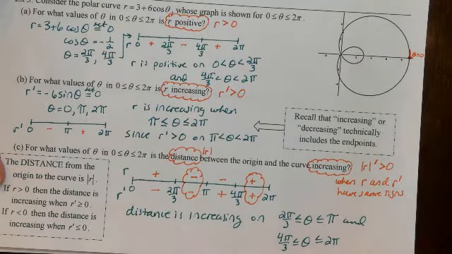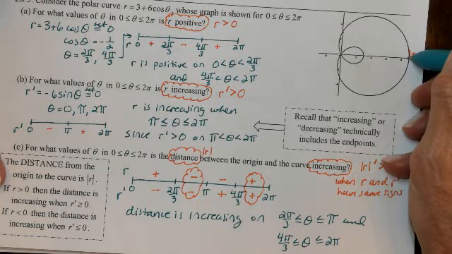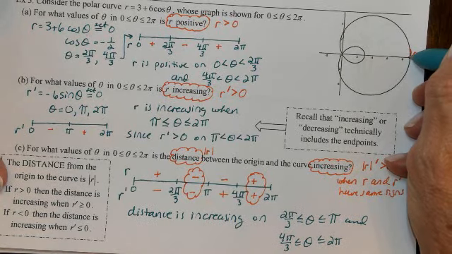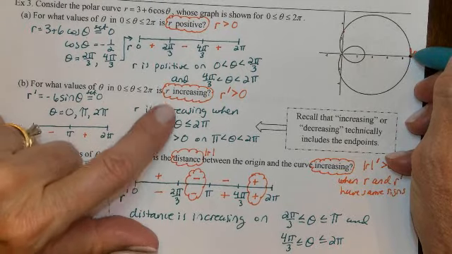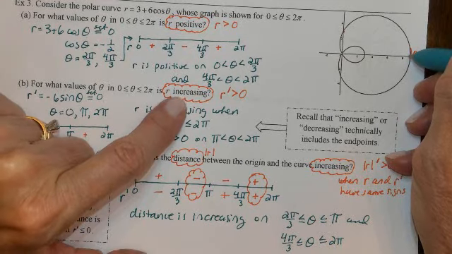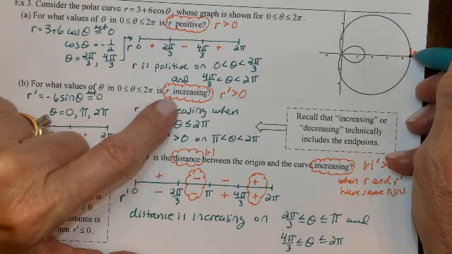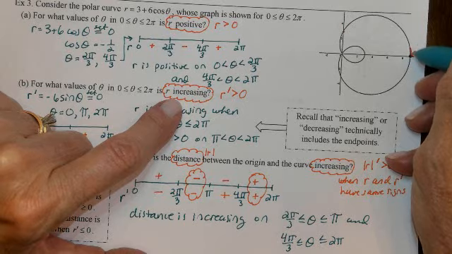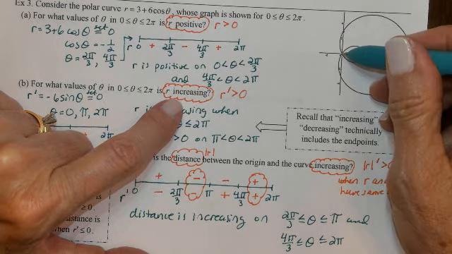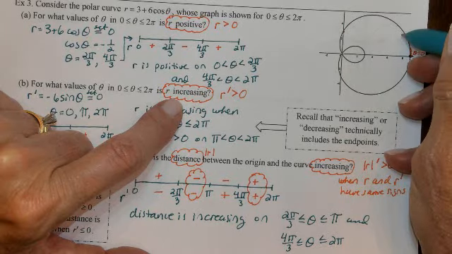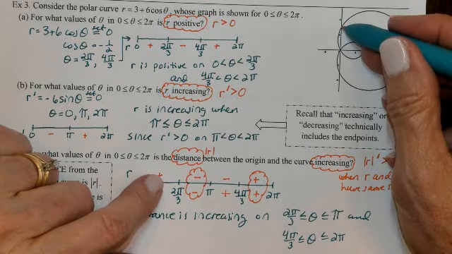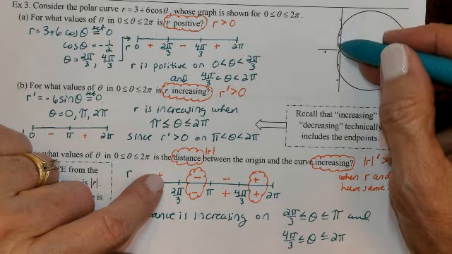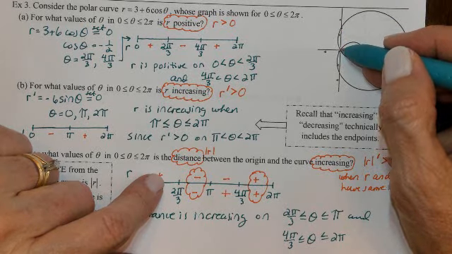If we come back up here, r is positive here and r is decreasing, and the distance between the curve and the origin is decreasing there. So that makes sense until we get to 2 pi over 3 right here.